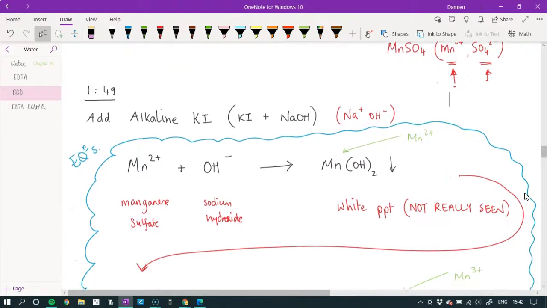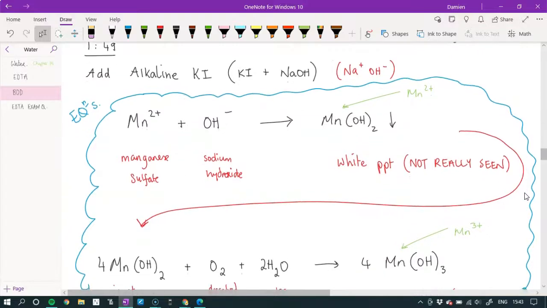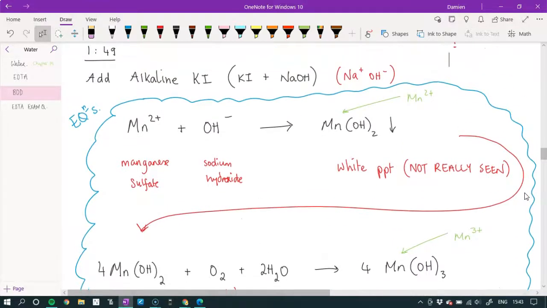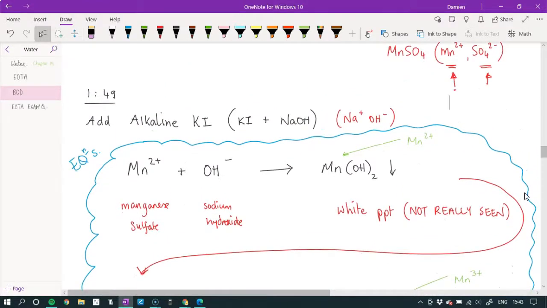What's the purpose of the alkaline potassium iodide? Now in here we've got a lot of chemistry. Let's have a look at it. What is alkaline potassium iodide first? Well, it's a mixture of potassium iodide, which is KI, and we also add in NaOH. NaOH is a strong base, and that gives it an alkaline pH. So this is where alkaline potassium iodide comes from.